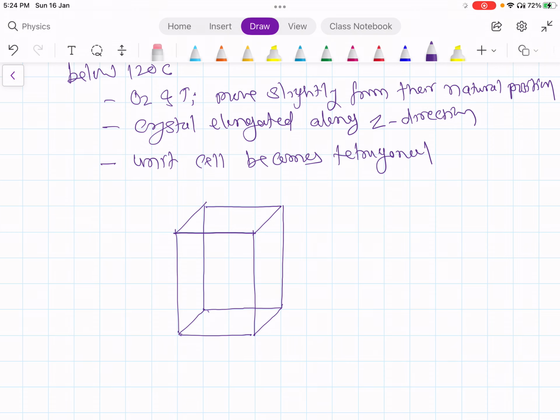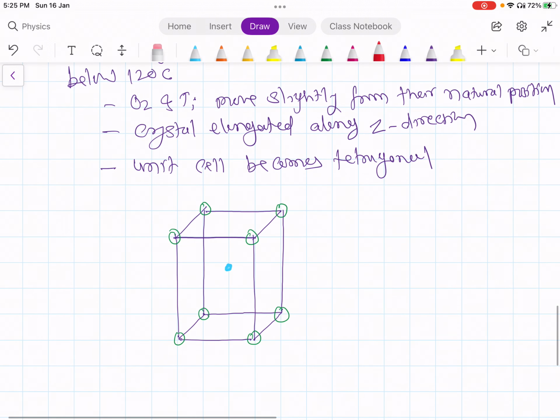This is the tetragonal, and let me show you barium ions at the eight corners, and here is a titanium, and let me show the oxygens.